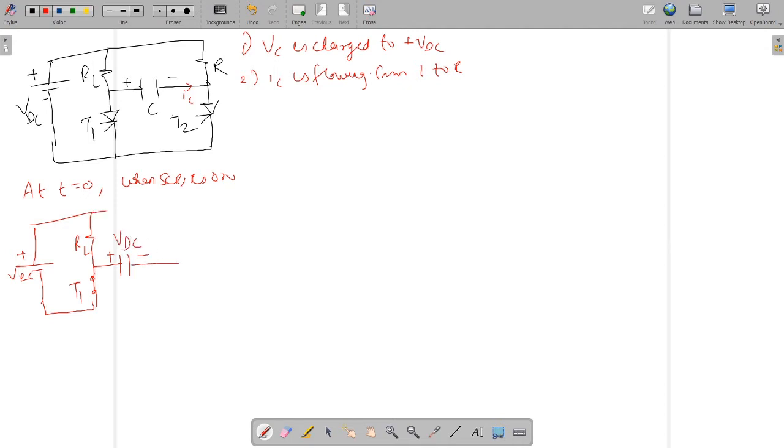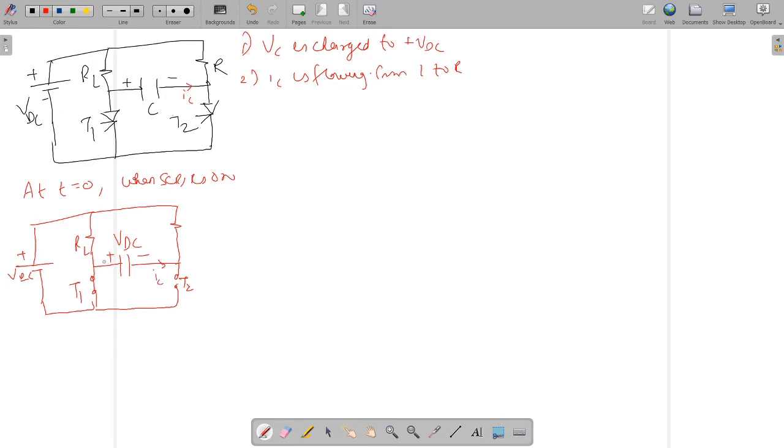So you have an RC circuit, and you need to apply the equations related to the RC circuit, and T2 is open. Why is it open? Because it is reverse biased, as you have applied a reverse voltage. This one is our assumed current.